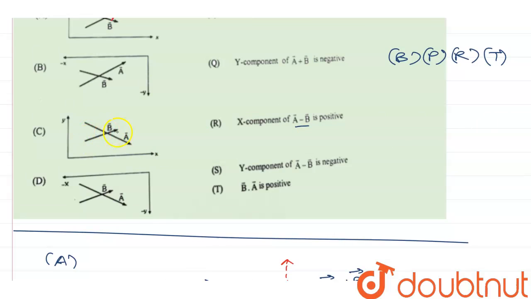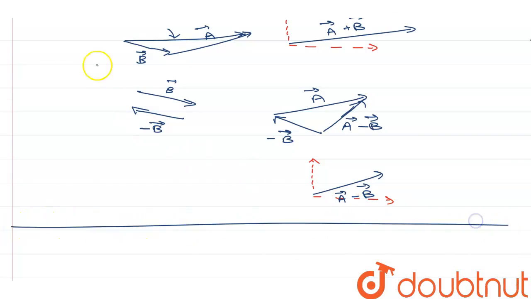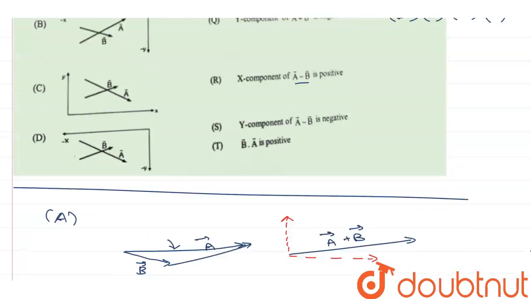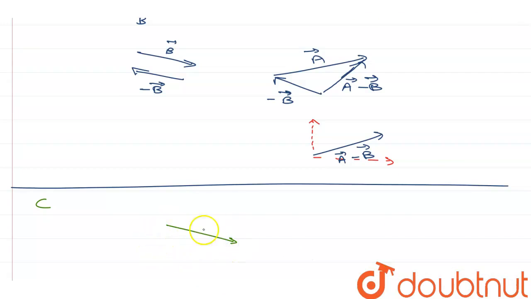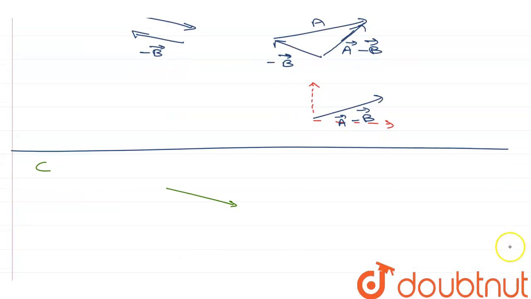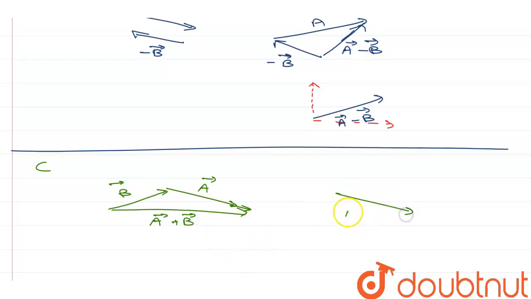I'm going to slide this vector B such that its head matches with the tail of vector A. So in option C, vector A looks something like this, and I'm going to slide vector B so that its head matches with the tail of vector A. So this is B, this is A, which means vector A plus B looks something like this, and we can clearly see that its x component will be positive but its y component will be negative.